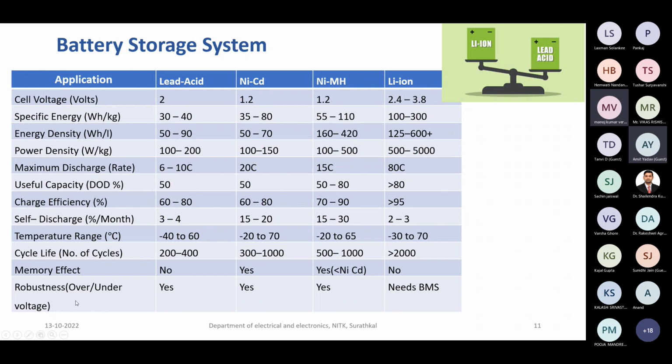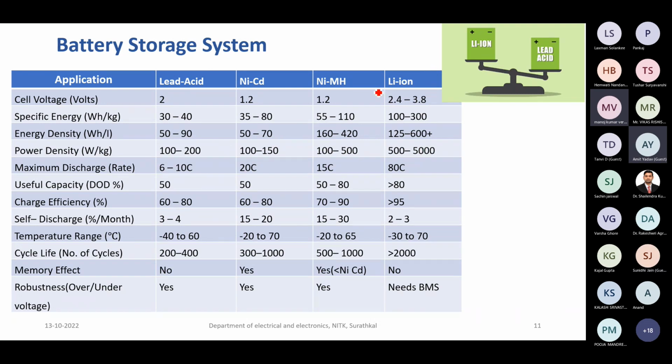Looking at some of the parameters, lithium ion has a cell voltage of 2.4 to 3.8 volts, compared to a lead acid battery which has only 2 volts. The specific energy is very high. If I want to go for 100 volts with 2.4 volt cells, I can have very few cells compared to lead acid batteries.